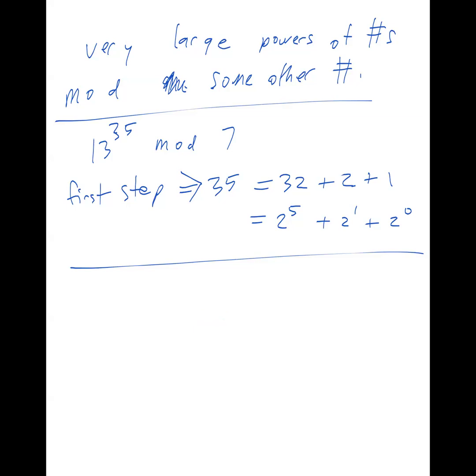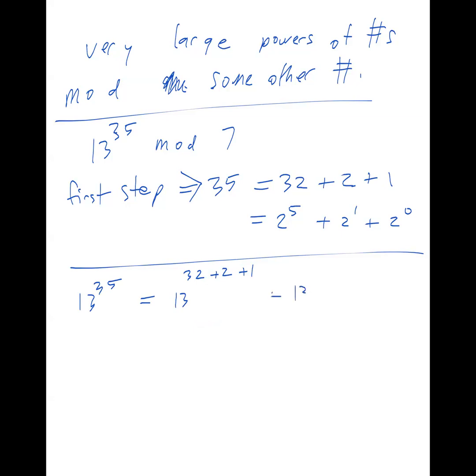So I can take 13 to the 35 power and break apart the 35 and say 13 to the power of 35 is equal to 13 to the power of 32 plus 2 plus 1. Do you agree with that? Because that's just a different way of writing 35.